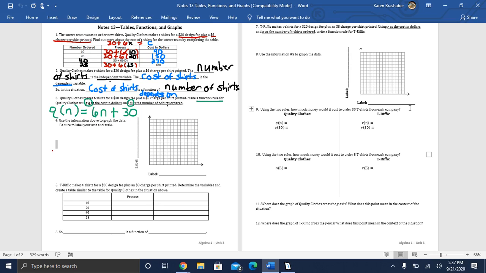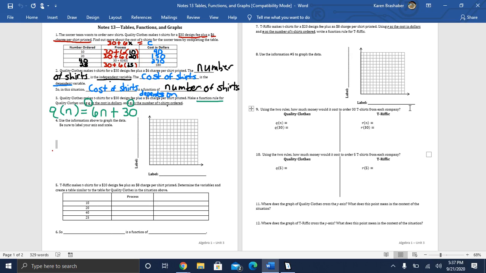So every time that your number of shirts changes, we would change the N in our function rule. And we can use this information to make a table and graph our data.